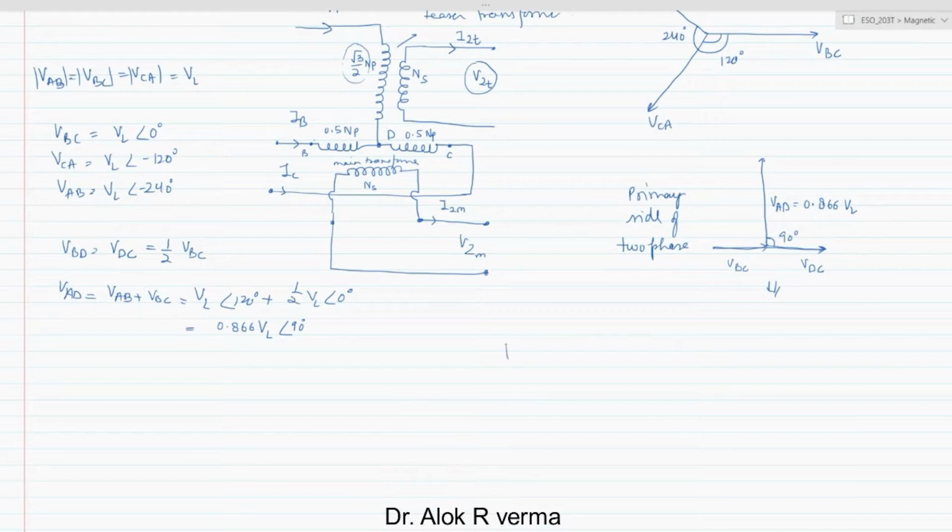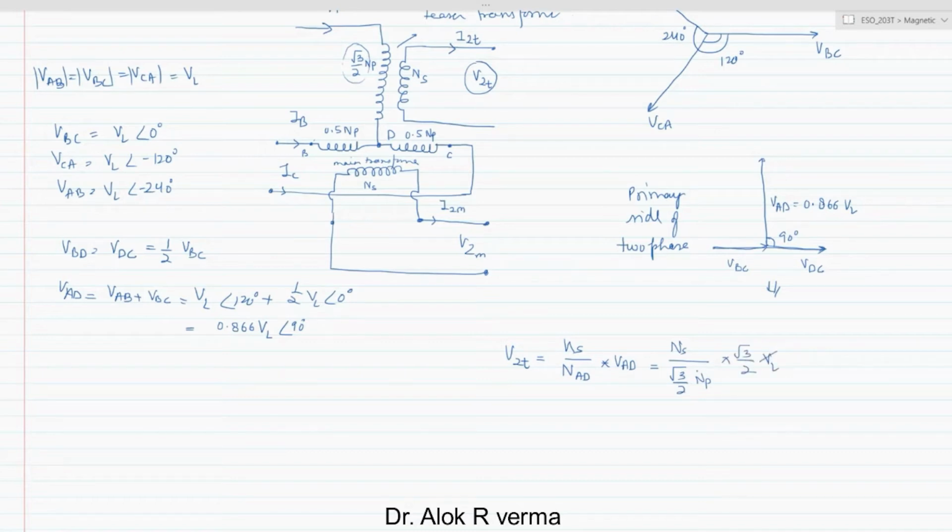V2T is nothing but NS by NAD into VAD. So this is NS by root 3 by 2 NP into root 3 by 2 VL.